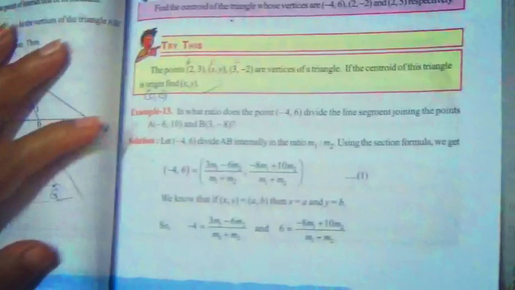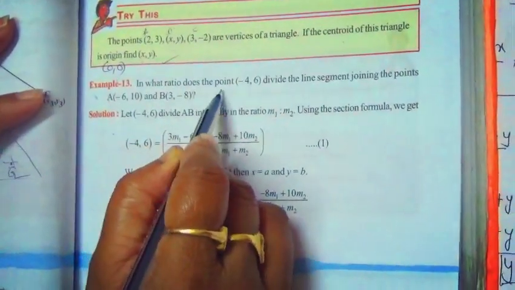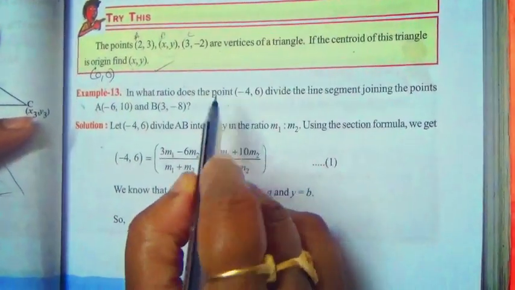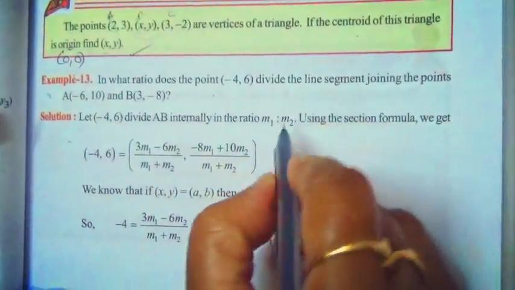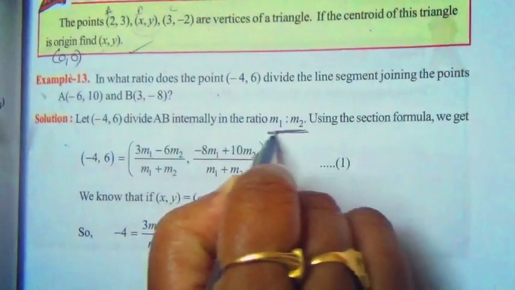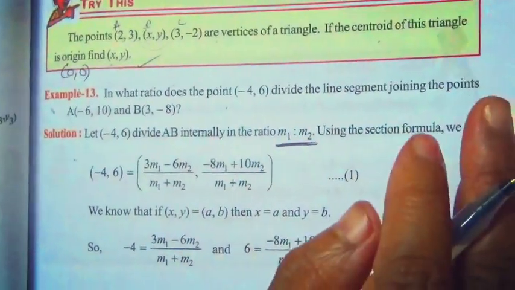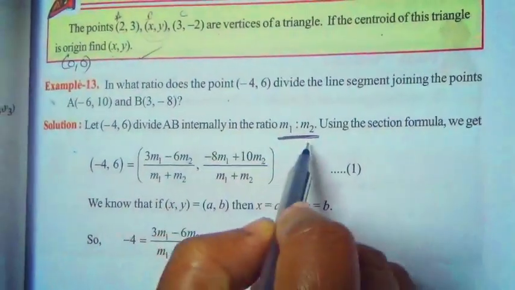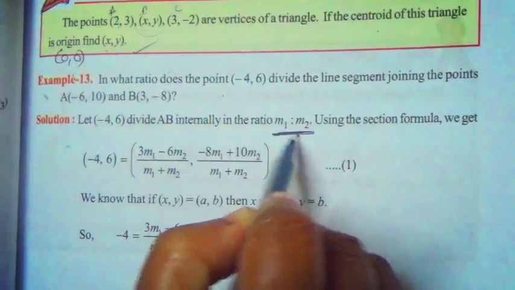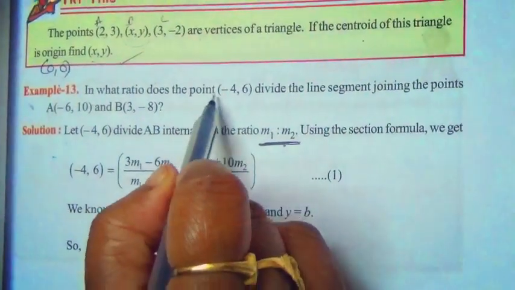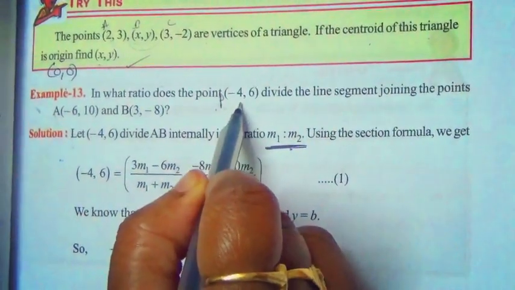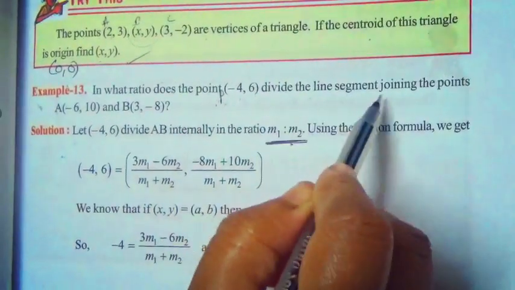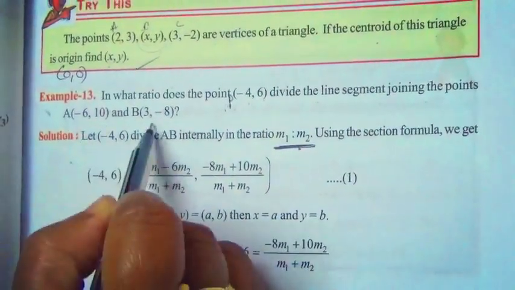So here, in what ratio does the point P of minus 4, 6 divide the line segment joining the points A, B?